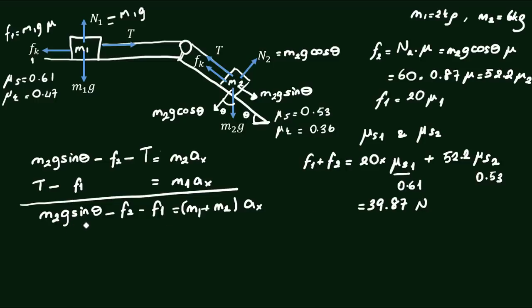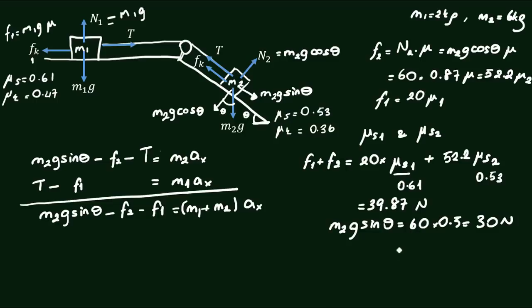And M2G sine theta, let's calculate that as well. Theta was 30 degrees. So we have, where was M2? 60 times 0.5, which is 30 newtons.